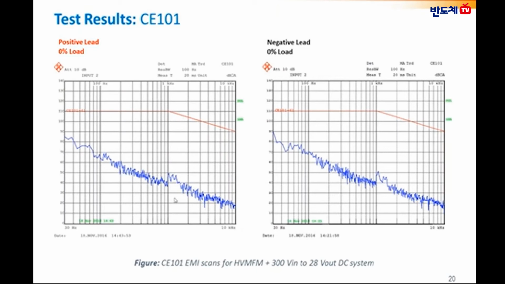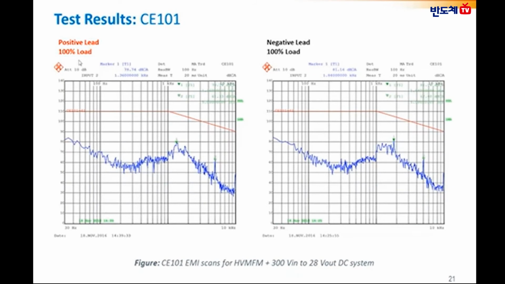Similar test results have been recorded for conducted emissions CE102 on both positive lead as well as negative lead at 0% load, and the emissions are plotted over a frequency range of 10 kilohertz to 10 megahertz with the frequency versus dB microvolt scale.